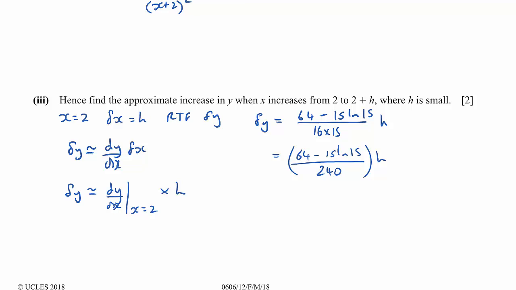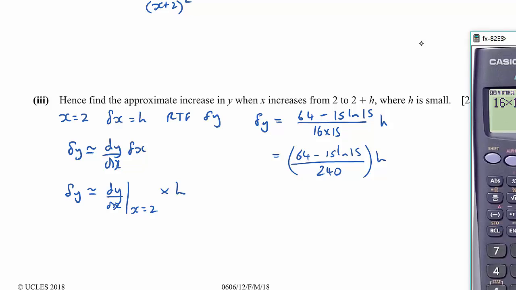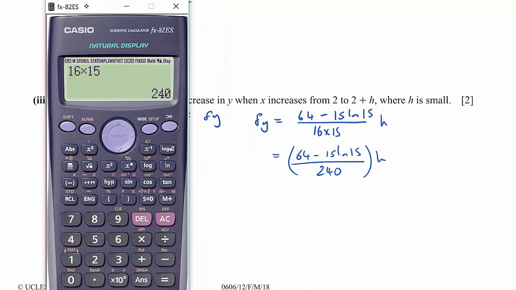Now the mark scheme actually calculates this value, so I suppose we should, just to make sure that we've actually got it right. So that is 64 take away 15 times the log of 15, and we're dividing by 240.